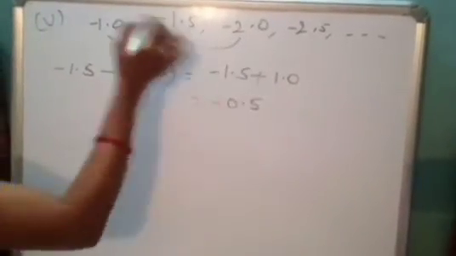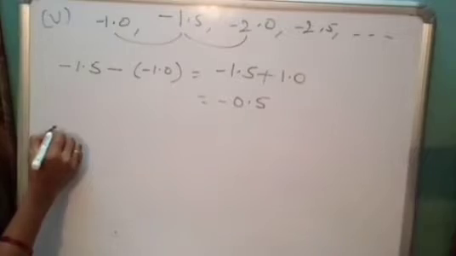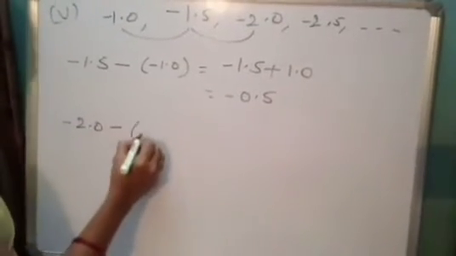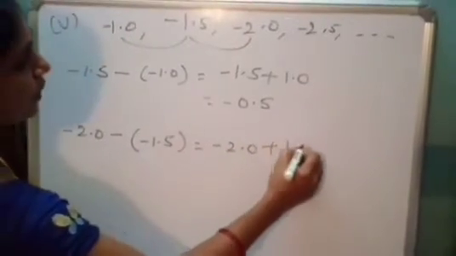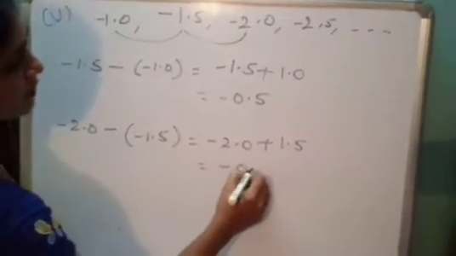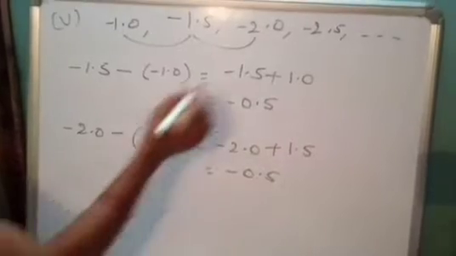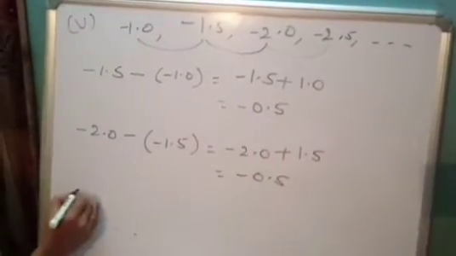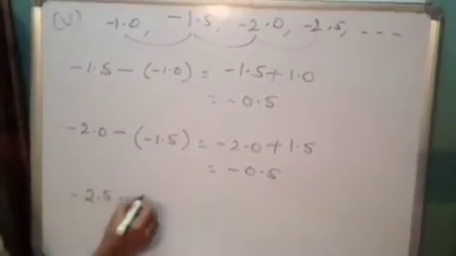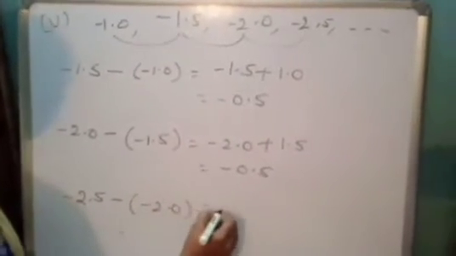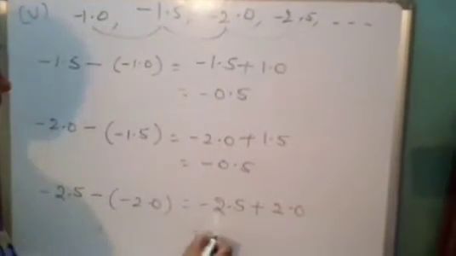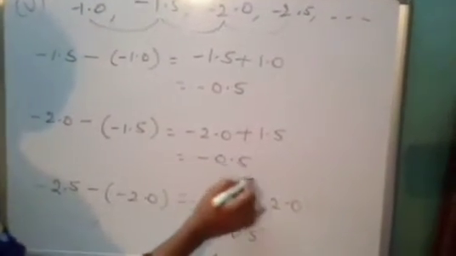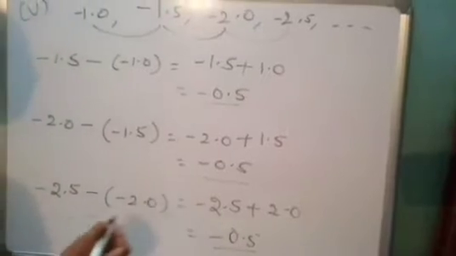The difference of the third term and the second term is minus 2.0 minus (minus 1.5) equal to minus 2.0 plus 1.5 equal to minus 0.5. The difference of the fourth term and the third term is minus 2.5 minus (minus 2.0) equal to minus 2.5 plus 2.0, that is equal to minus 0.5. In this also the differences are all common, so the common difference is equal.